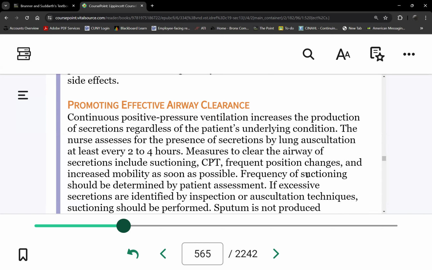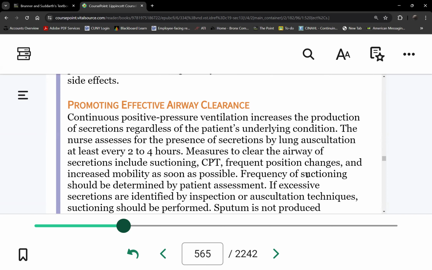So you heard what? Crackles or rhonchi. Actually, crackles are really lower airway, so it's more like rhonchi, rales, or wheezing. Secretions can also cause wheezing.